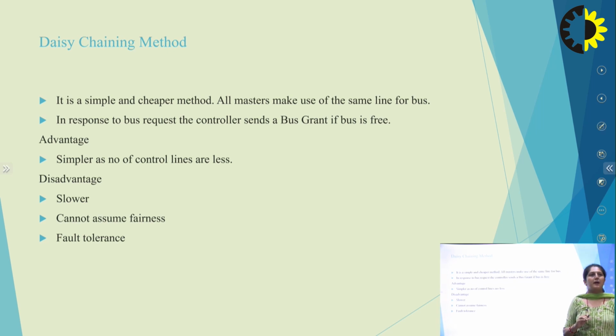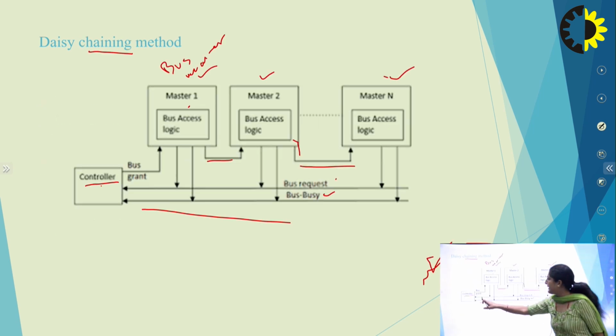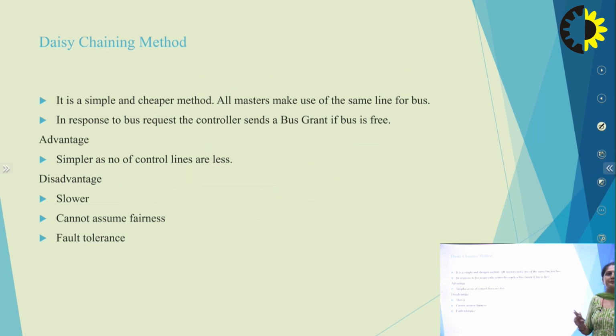It is a simple, cheaper method, one of the simplest methods in bus arbitration. All the masters use the same line for the bus. There is no different line; all are connected to the same line.